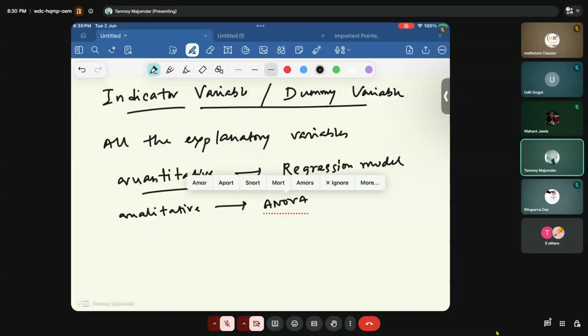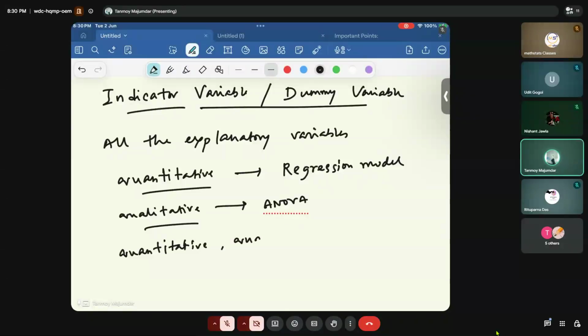And if there are some variables which are quantitative and some variables which are qualitative, both, that is when we can use ANCOVA, analysis of covariance model.